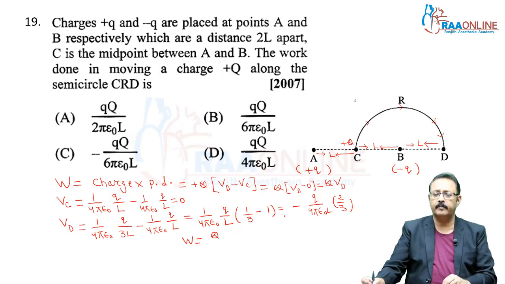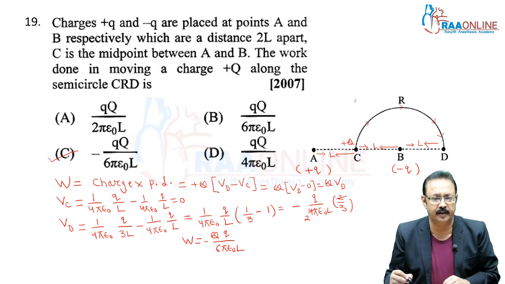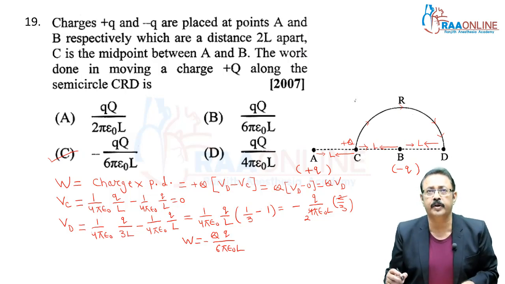Multiplying by q, cancel this 2 with this 4, you will get 2. So what we are getting is minus q into q upon 6 pi epsilon naught L. Only one option is negative, so we are going with C. So option C was correct.